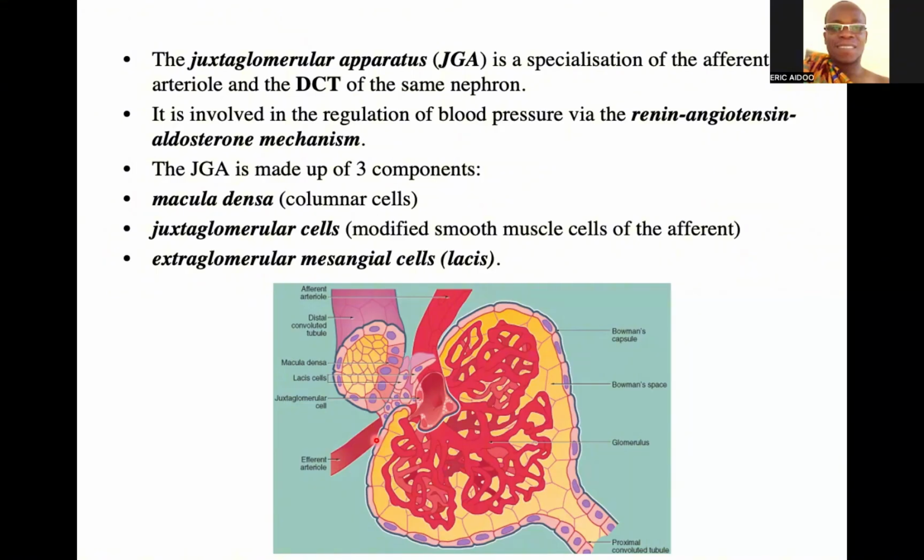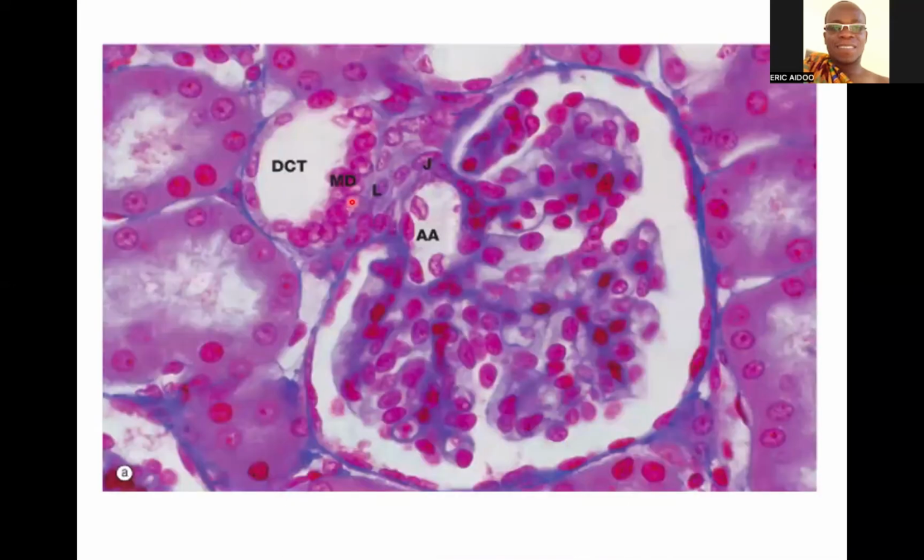You also have other specialized cells. So extraglomerular mesangial cells are also known as lacis cells. So you have this distal convoluted tubule, that is the macula densa cell, lacis cells, then juxtaglomerular cells, that will be the afferent arteriole.